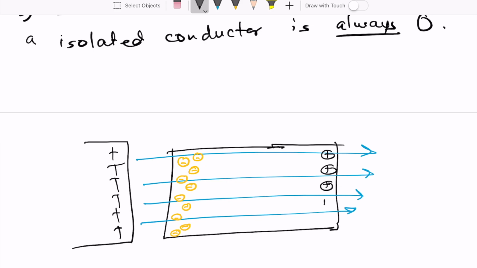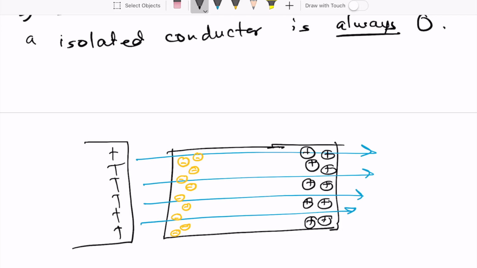So previously the negative charges and the positive charges were uniformly distributed throughout the material, but now the positive charges are still uniformly distributed, but the negative charges have accumulated on the left of the conductor because of this electric field. And so you've got this line of positive charges on the right and line of negative charges on the left.